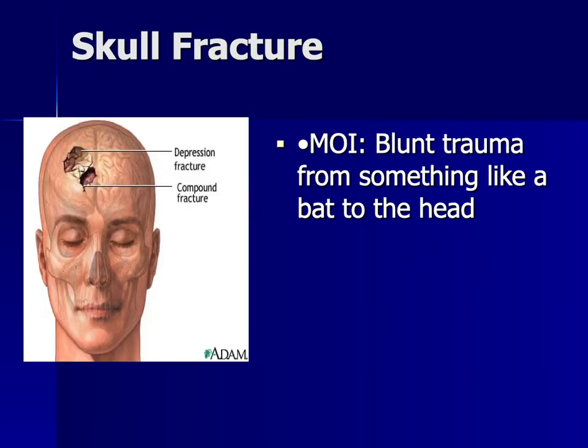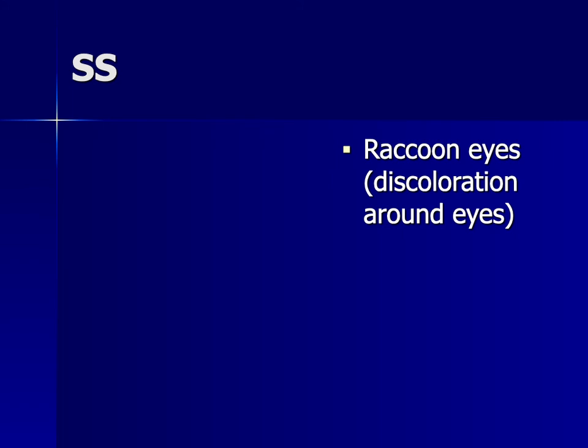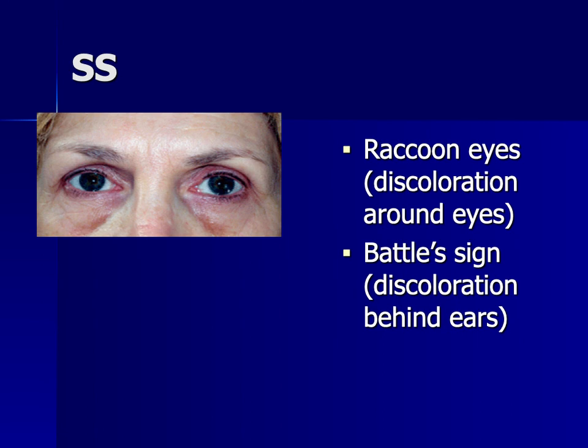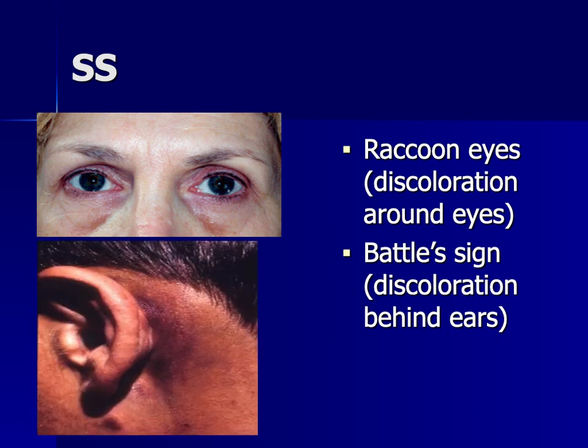Skull fracture. So we get hit from a bat to the head. Signs and symptoms here. So we have raccoon's eyes, discoloration around the eyes. We have Battle's sign, discoloration behind the ears. We can have discoloration or depression in the skull from the bat.